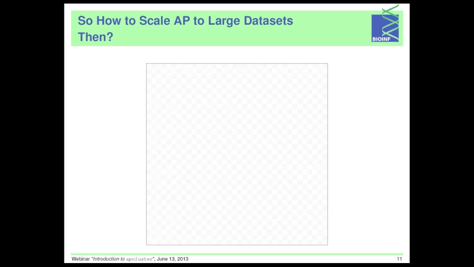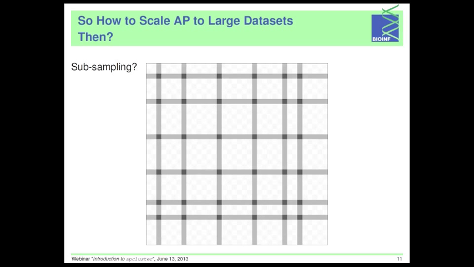Okay, so the question remains: what do we do with large data sets? One trick could be subsampling. That means we select some samples and perform clustering on this subsample. If we have this quadratic similarity matrix here, and we select, let's say, the samples that correspond to the gray stripes here, then we will pick out those samples both on this axis and on this axis.